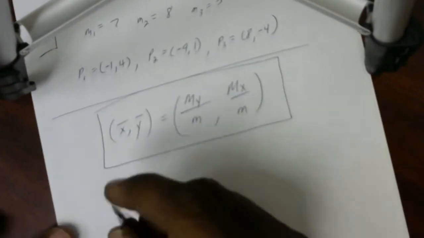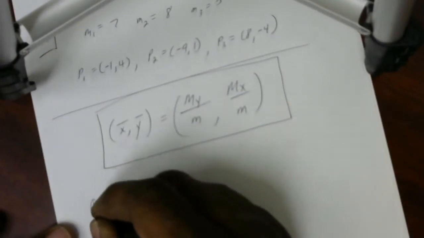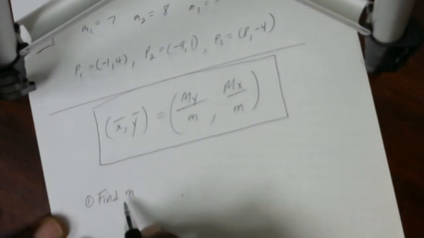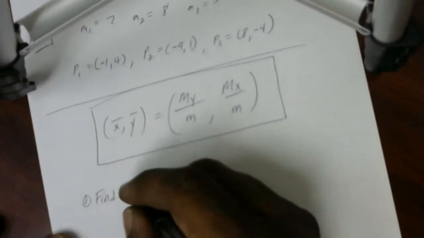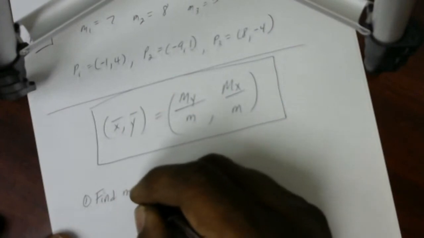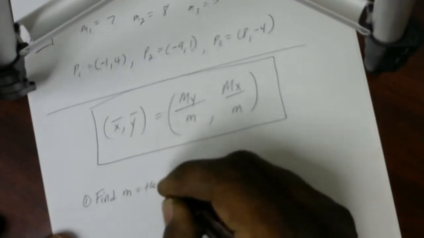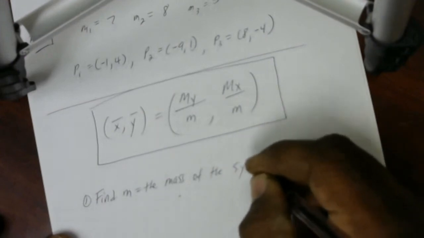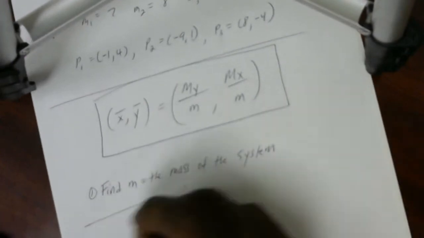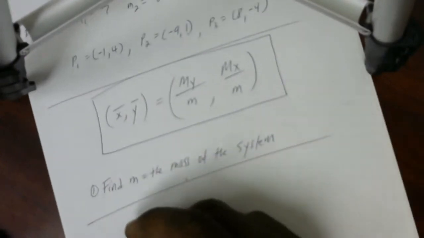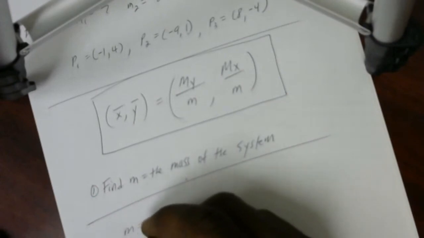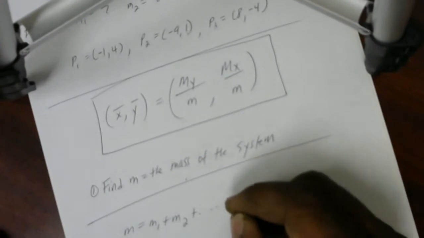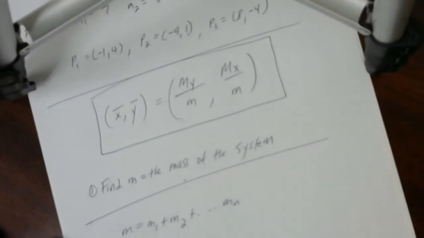Well, m is the first thing we want to find, which is the mass of the system. The formula is M equals m sub 1 plus m sub 2 plus all the way to m sub n.